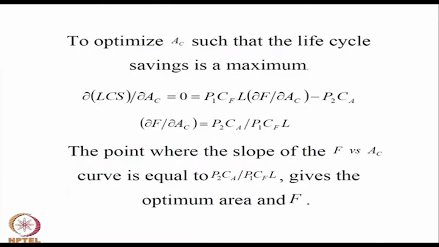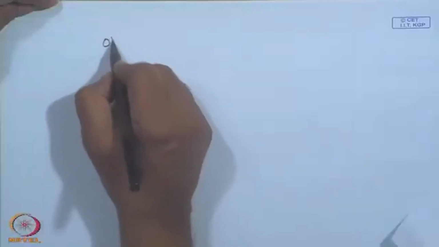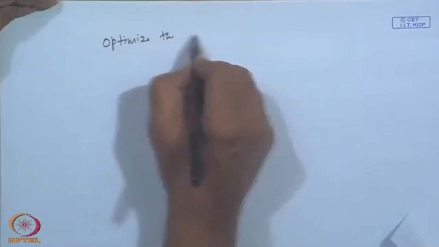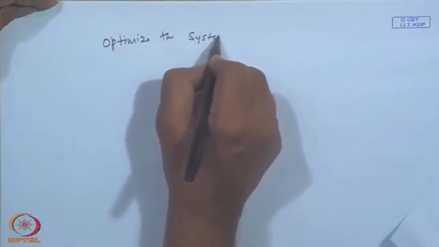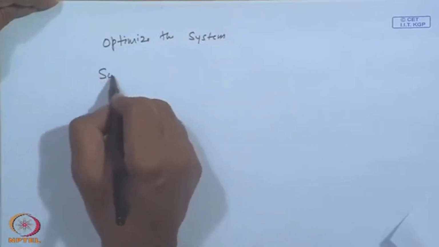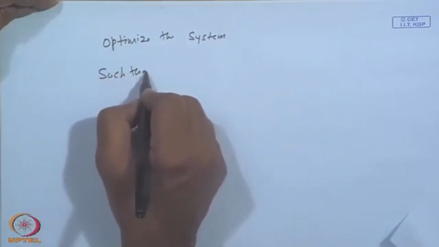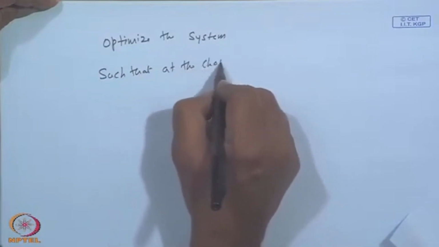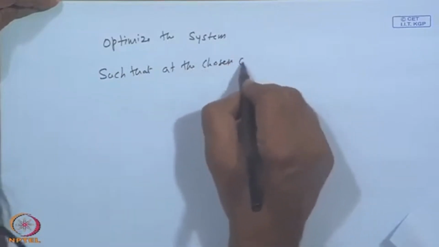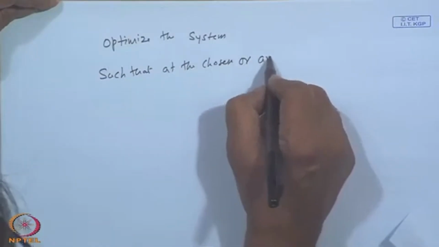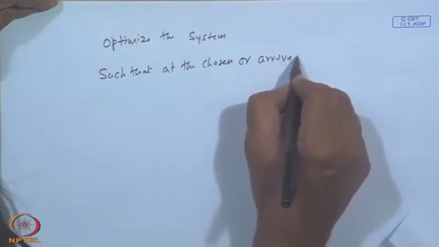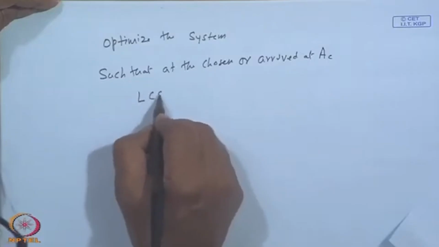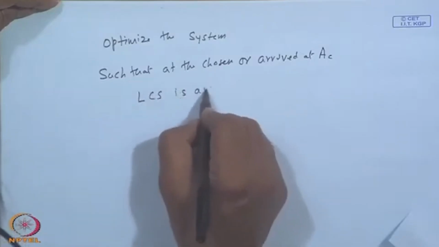So, how do we optimize AC or system, such that at the chosen or arrived at AC, LCS is a maximum.